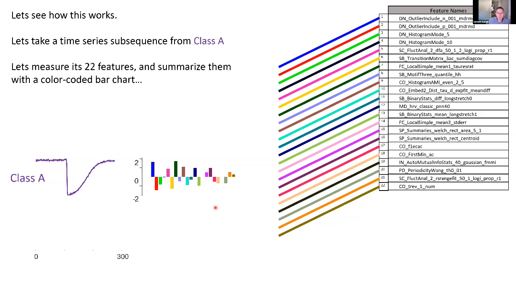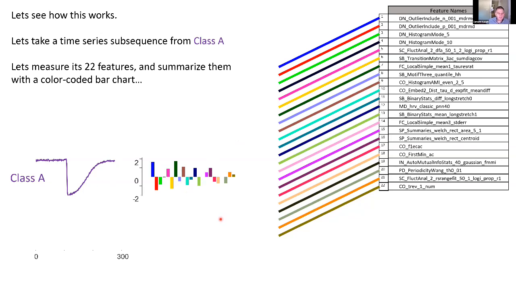And so once again, the absolute meaning of these things isn't particularly relevant, but in this case, class A has a high positive load in this blue feature, and class A has a high negative load in red, which is this feature here, and so on and so forth.